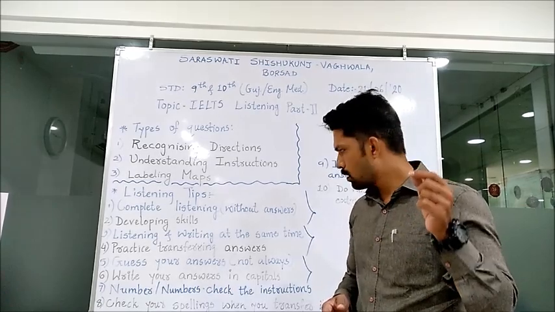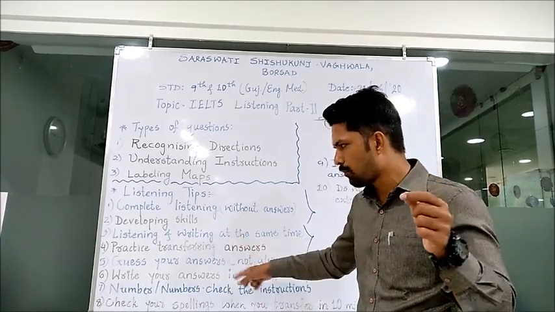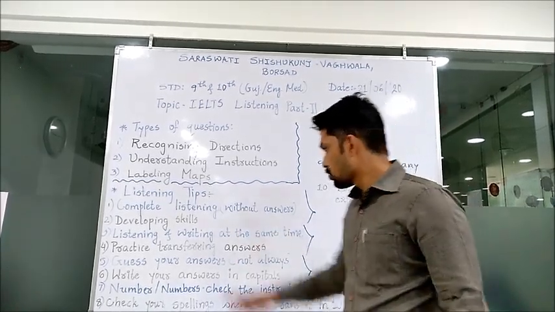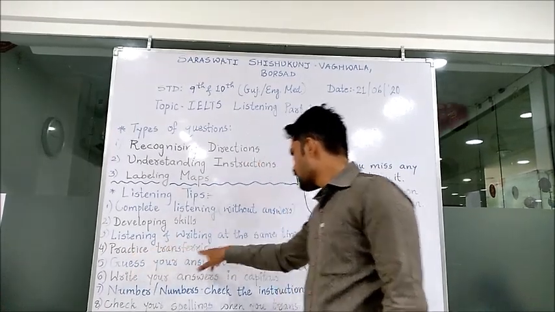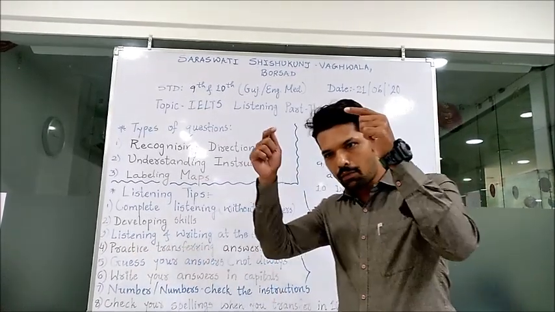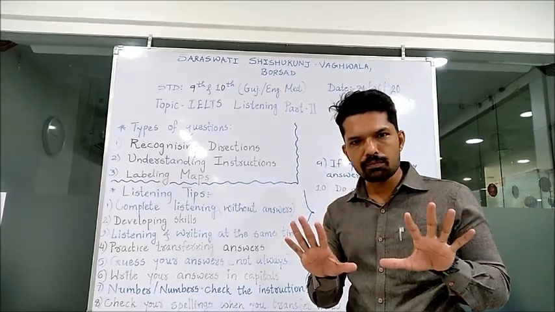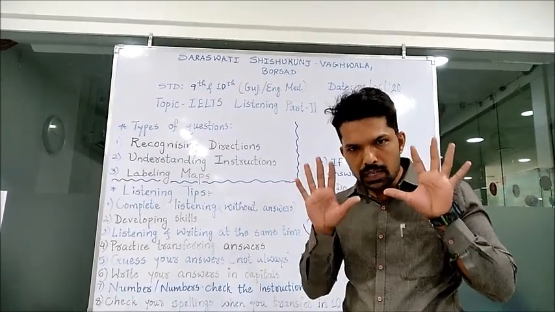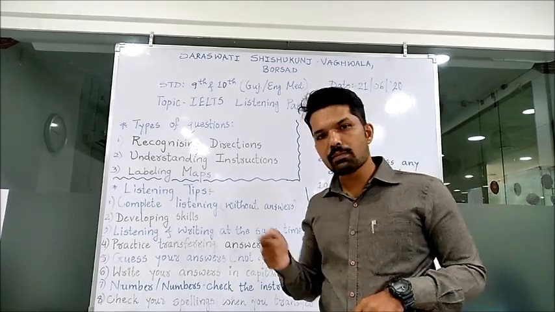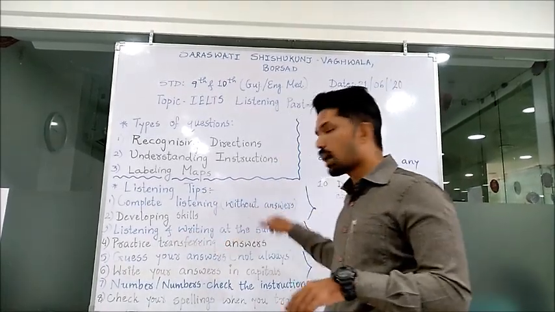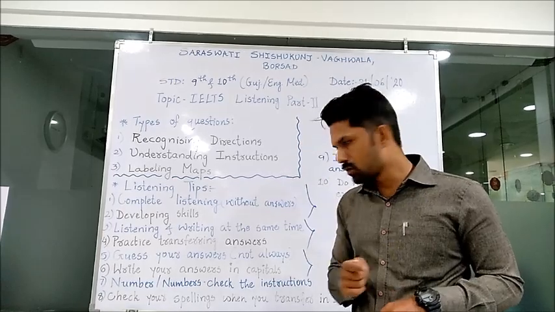For that, let us take some time and finish this, and then I'll show you. So again, practice transferring answers. Once you have written all the answers on a rough page, you are given 10 minutes. In those 10 minutes, you are supposed to write all the answers in the answer sheet.